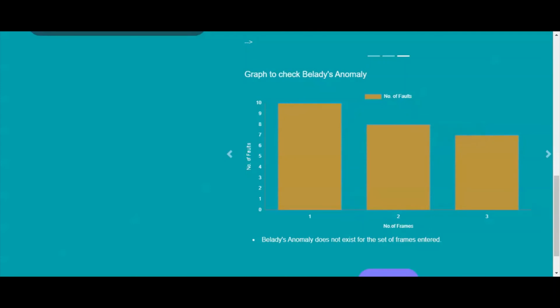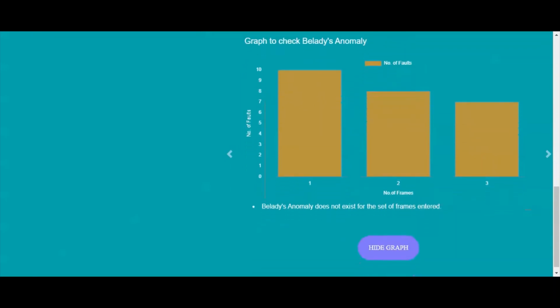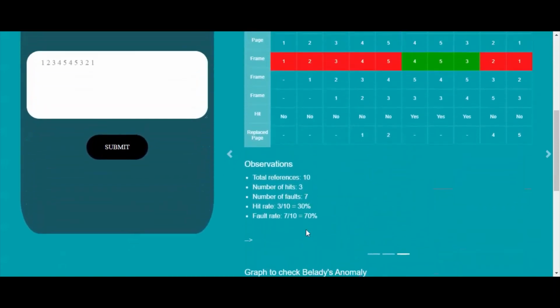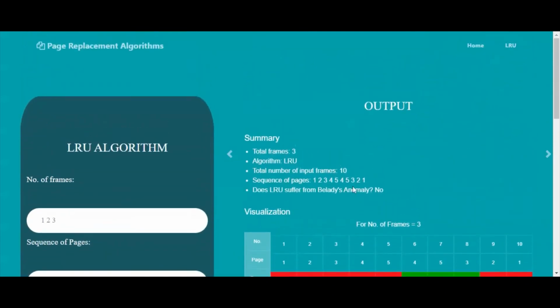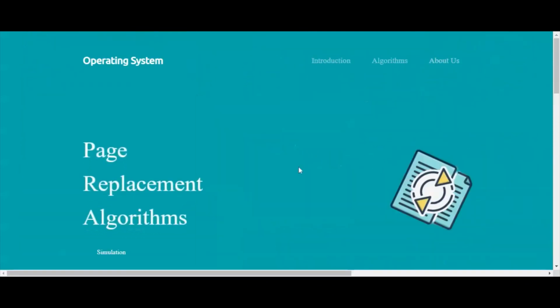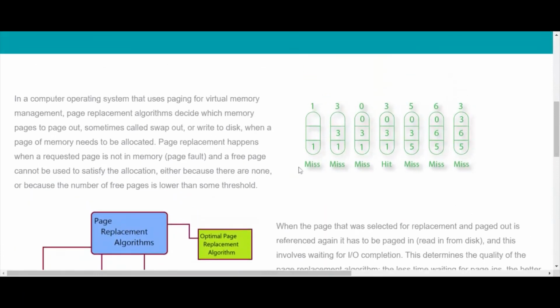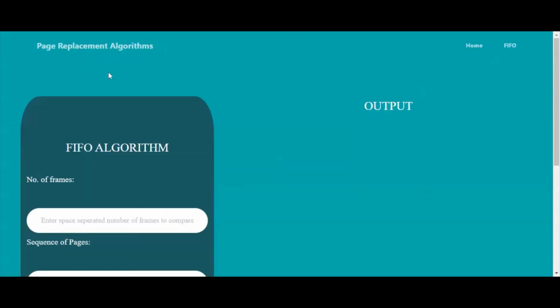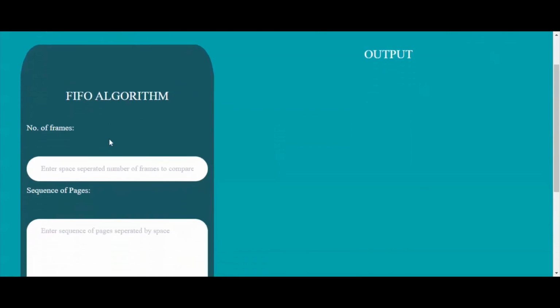And here Belady's anomaly does not exist for this set of frames entered, as you can see in the output. But in some cases, we also get Belady's anomaly. For that, one of the famous examples is for FIFO. Let's try to simulate FIFO here.